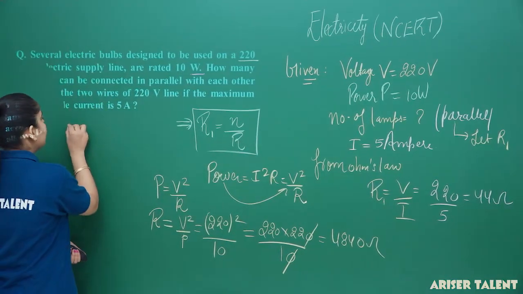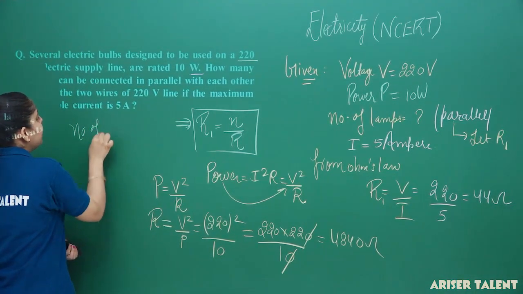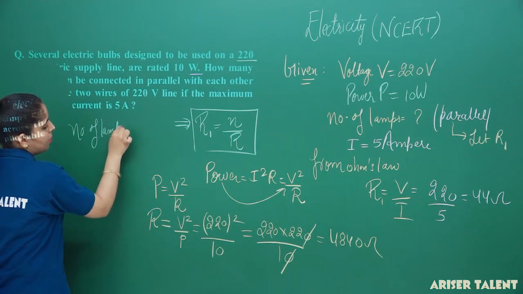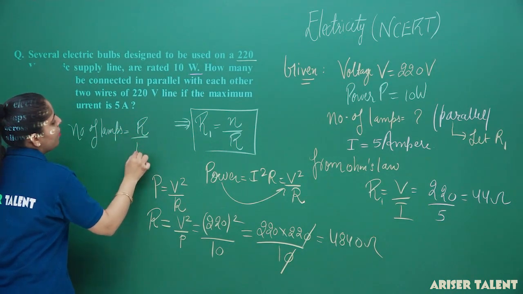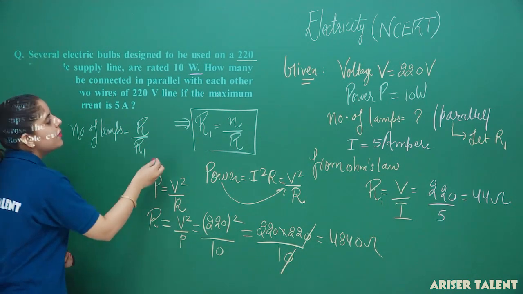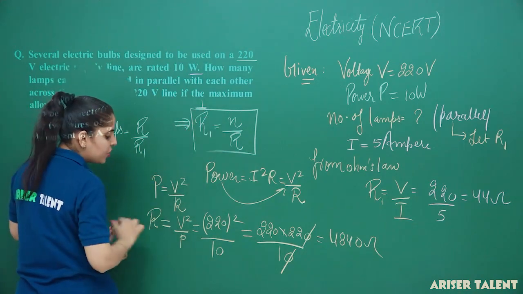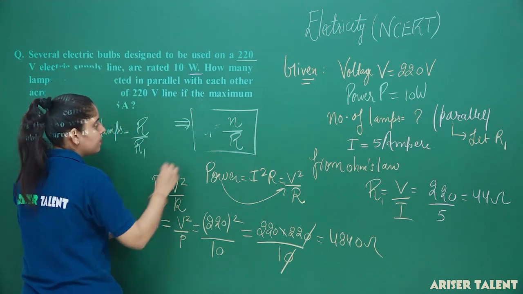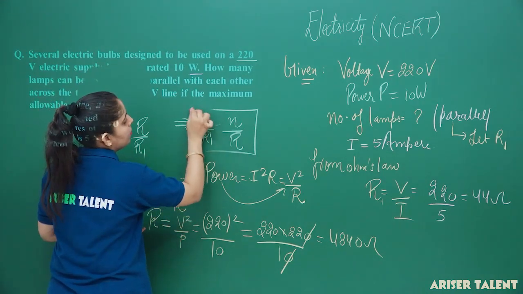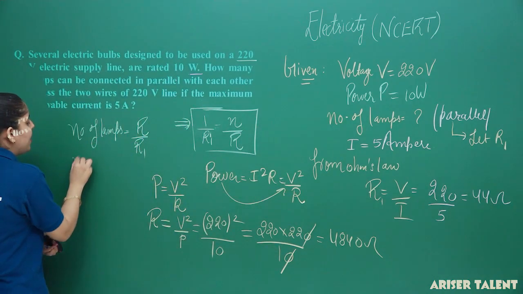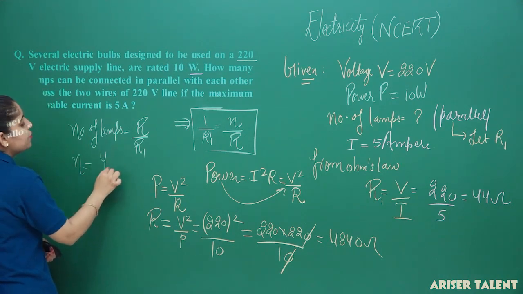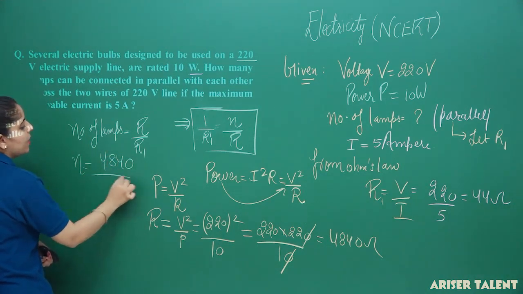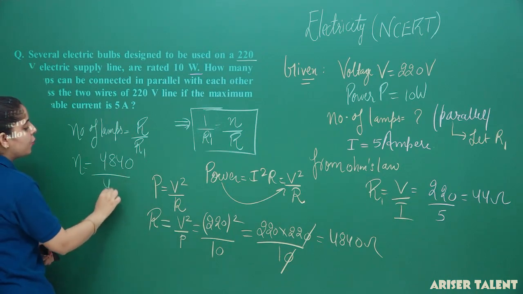Now I have to determine the number of lamps that are connected in parallel. So the number of lamps will be R upon R1, because here we are getting 1 upon R1 as a parallel combination. So the number of lamps will be, total resistance 4840 and the resistance we got here 44.